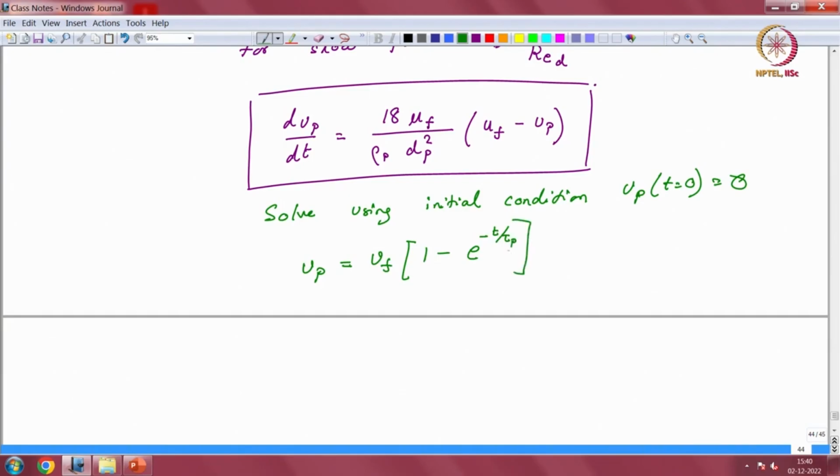So you can see this is the tau p that we are after, where tau p is rho_p dp squared divided by 18 mu_f.